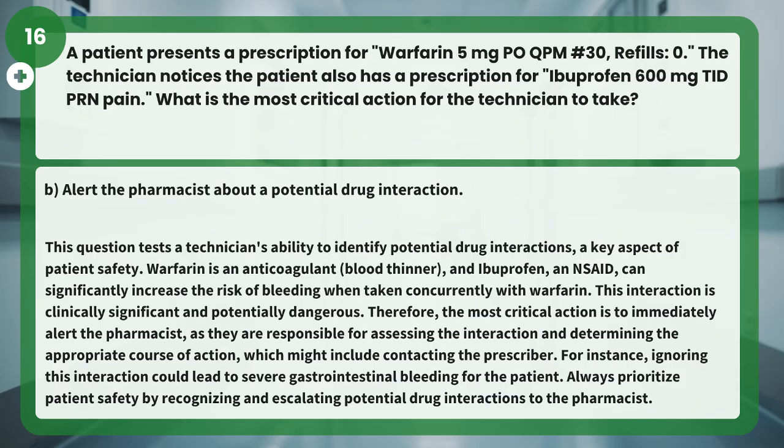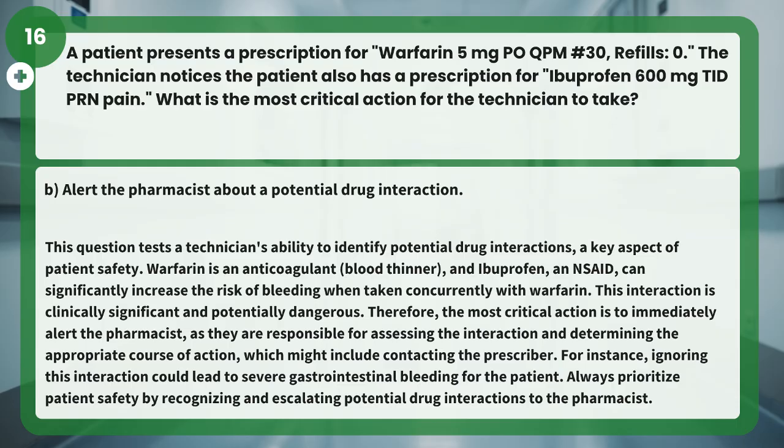This question tests a technician's ability to identify potential drug interactions, a key aspect of patient safety. Warfarin is an anticoagulant, a blood thinner, and ibuprofen, an NSAID, can significantly increase the risk of bleeding when taken concurrently with warfarin. This interaction is clinically significant and potentially dangerous.